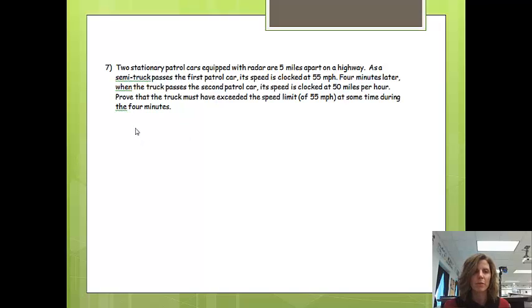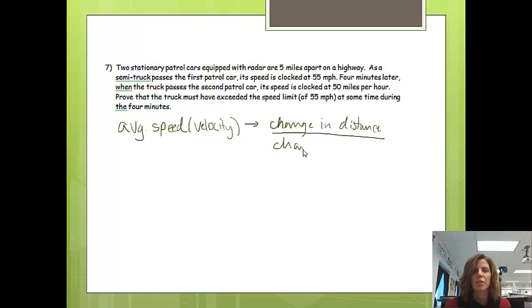Well, because I'm guessing this is a mean value theorem problem, I'm going to find the average speed of the car in the interval, or we could call this the average velocity. If you can think back to physics at all, an average is just calculated by your change in distance over your change in time.